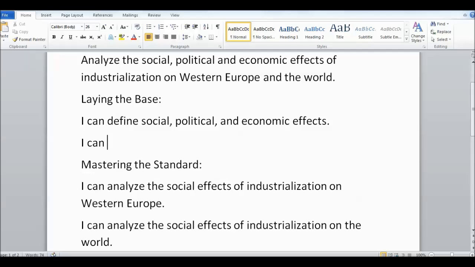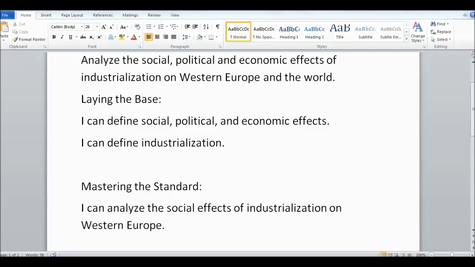And so I don't want to assume that, because that could be in the way of a student being able to attain the standard. I also want to maybe think about defining industrialization. That might stand in their way. And these might not be lesson length alone, but I might group them together with some other skill-based standards that I'm working with as well.